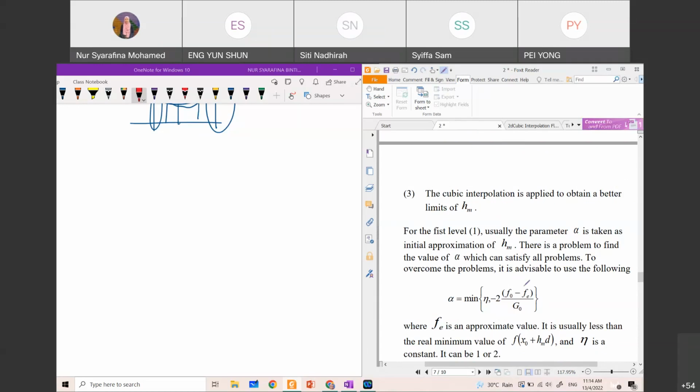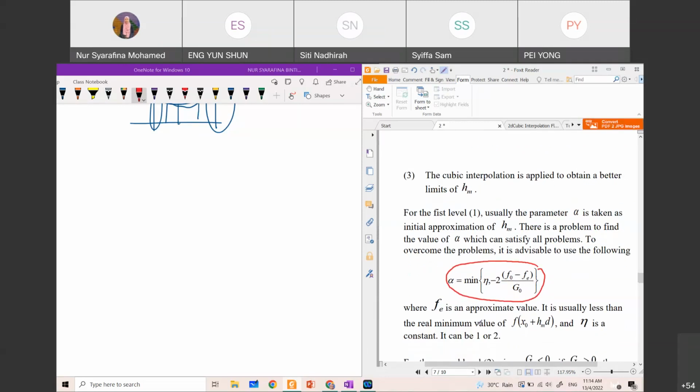So we have come up with this formula where we choose alpha equal to the minimum between these two: either eta here, or minus 2 (f0 minus fe) over g0, where eta is usually either 1 or 2, and we often choose 1 as the eta value. And fe is an approximate value. It is usually less than the real minimum value of f(x0 plus hd).